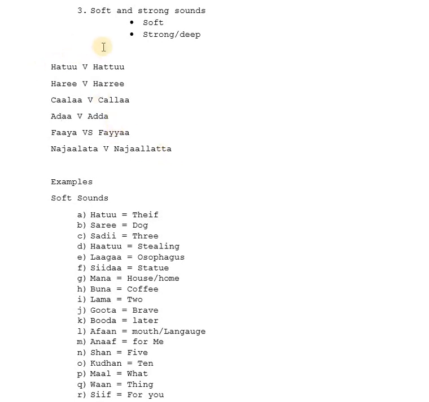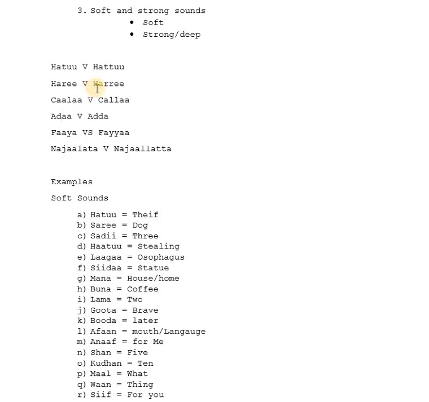So this is just to explain to you what soft and strong sounds are. But we will see these two in different videos. Most of the Oromo words, I can say, are soft, but there are also many strong sounds.